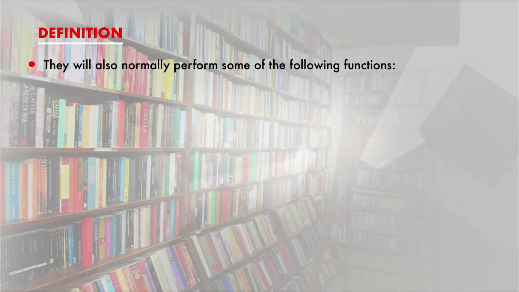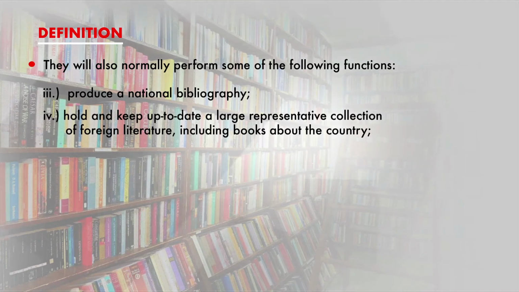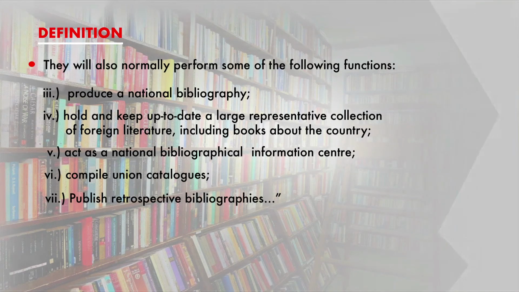They will also normally perform some of the following functions: produce a national bibliography, hold and keep up to date a large representative collection of foreign literature, including books about the country, act as a national bibliographical information center, compile union catalogues and publish retrospective bibliographies also.